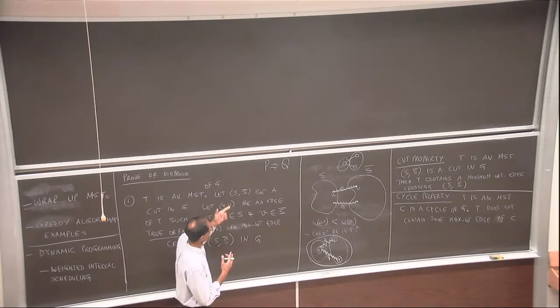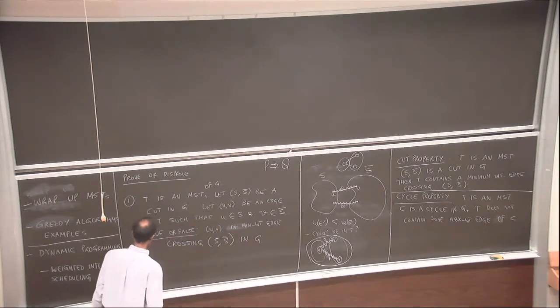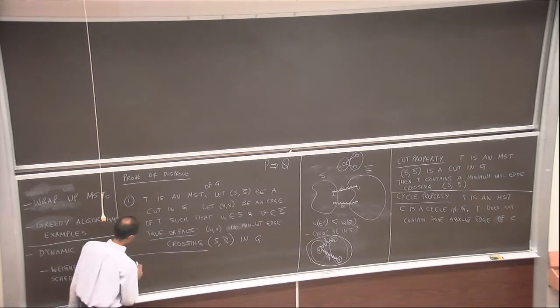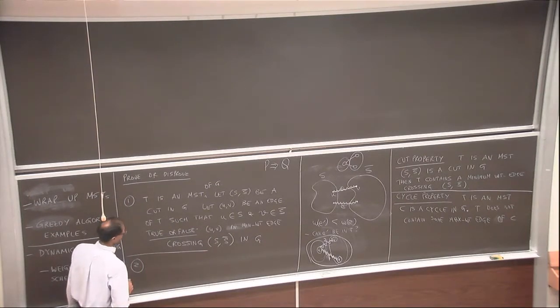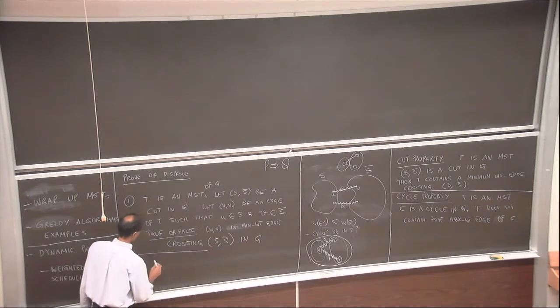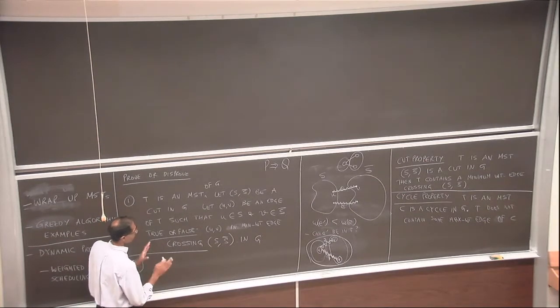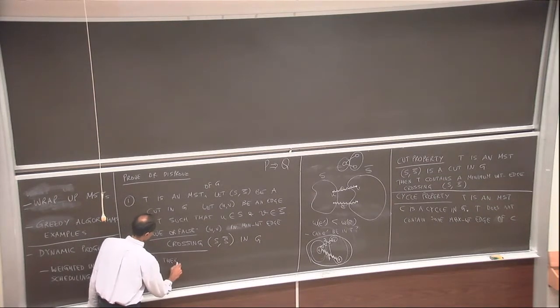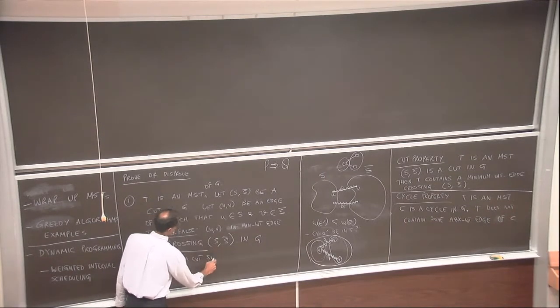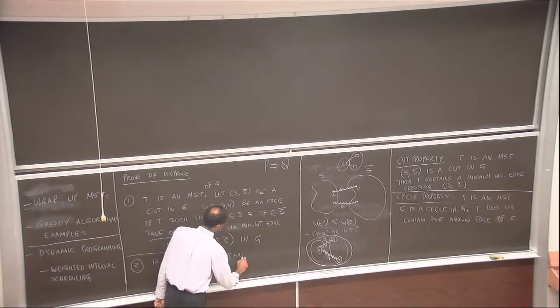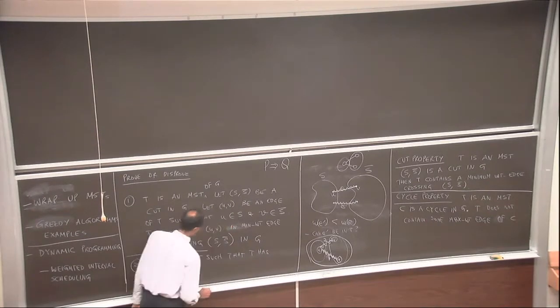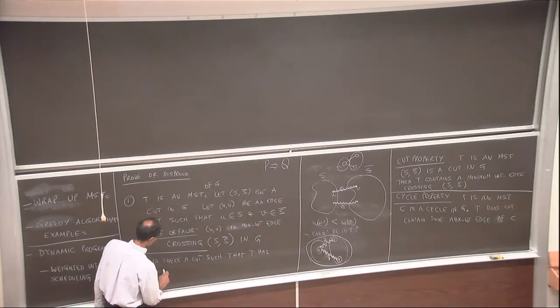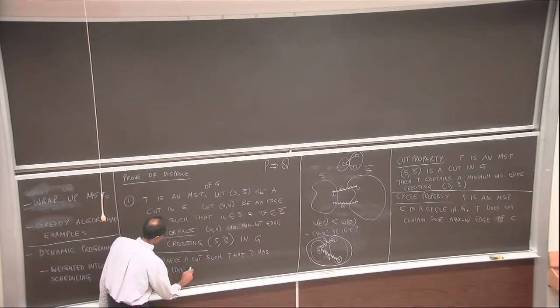Now that we have drawn this, let me ask you some other question. This is more of an understanding of cuts. Is there a cut such that T has no edge crossing the cut?